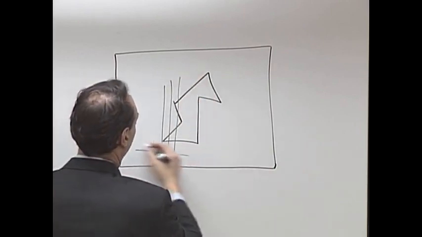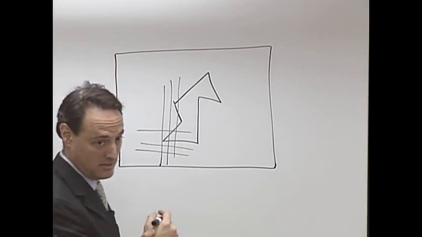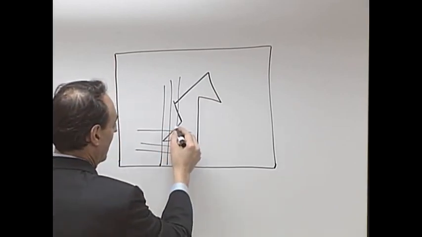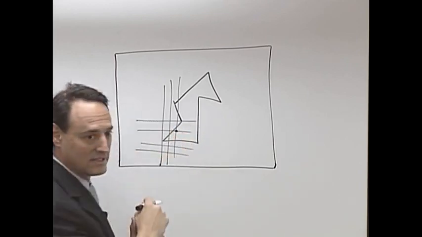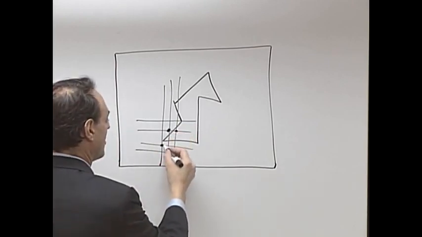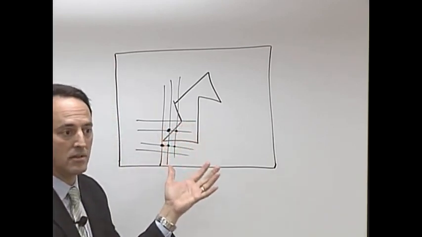Here's my grid, and I can only have solutions at grid points. So here's my boundary. I'm not on a grid point, so I have to pick the nearest thing to it, right? So you start seeing how poor a job this is going to do in representing this domain.